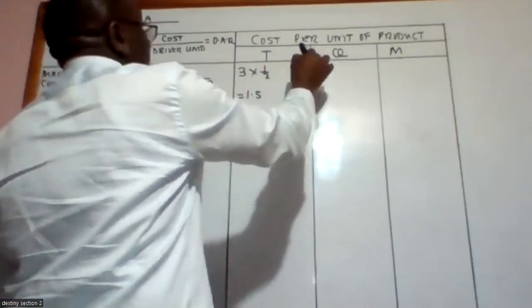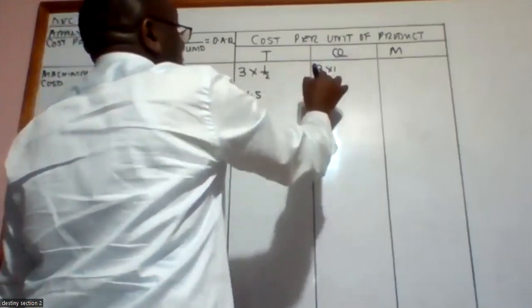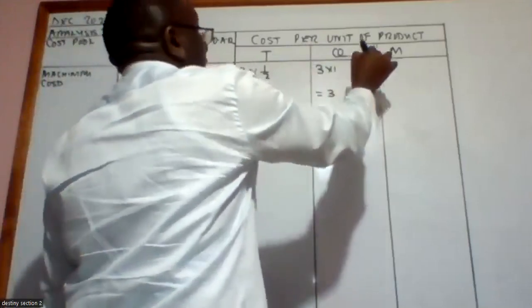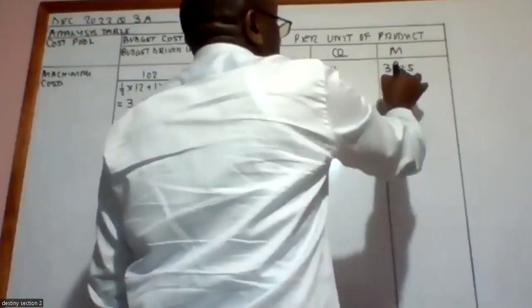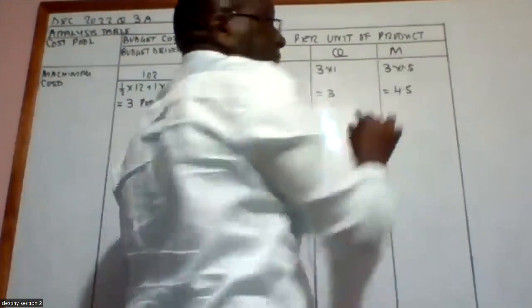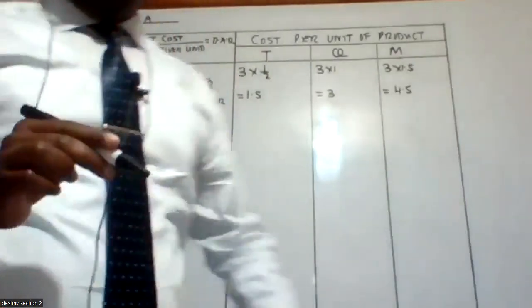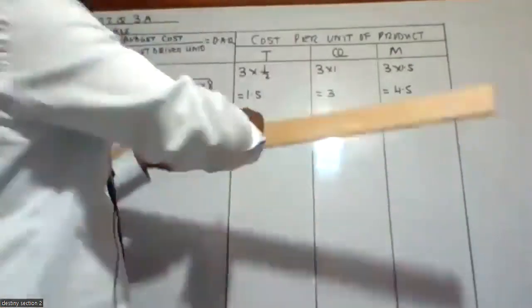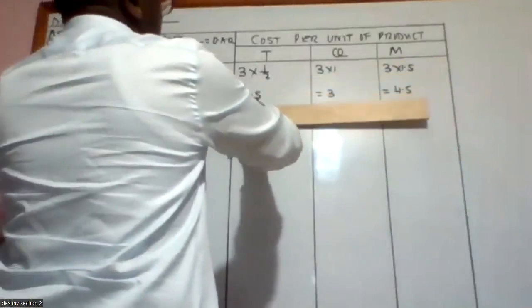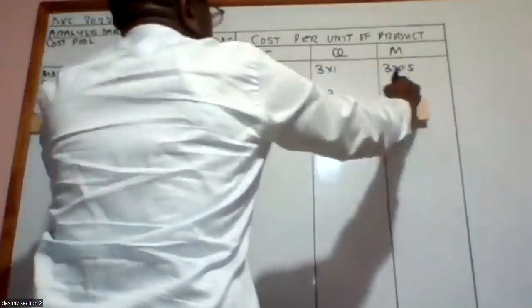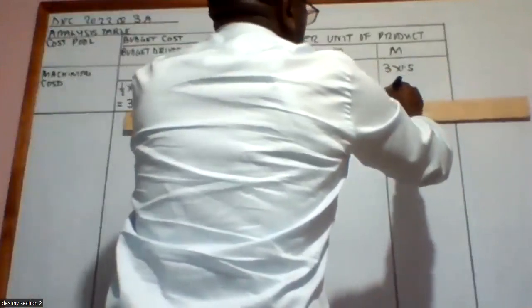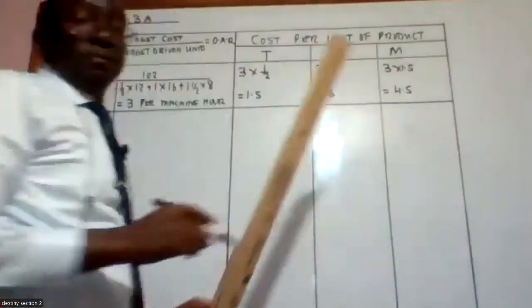Then on this other side, it is 3 times 1, which is 3. And here, 3 times 1.5, which is 4.5. So now you close that. It is on its own.